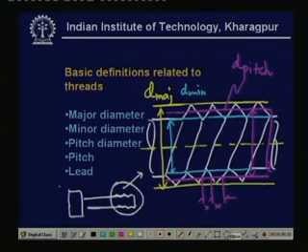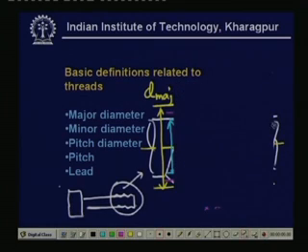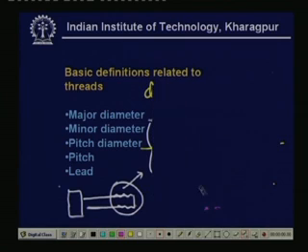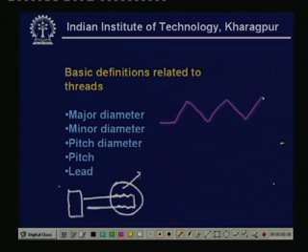Let me explain with the help of another diagram. So, this is the threaded profile.